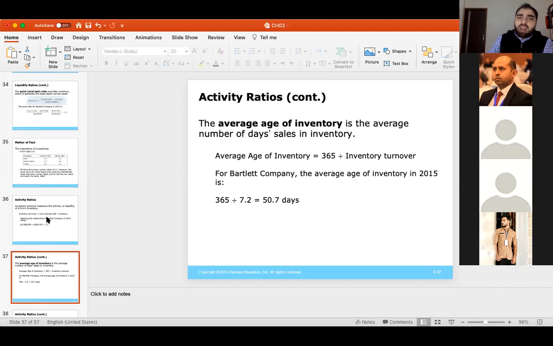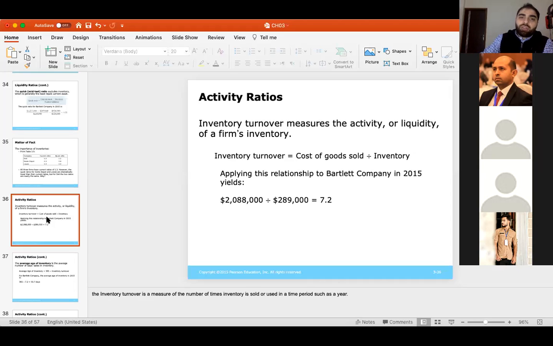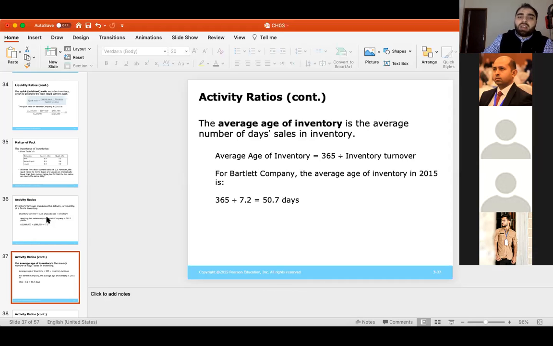Now the average age of inventory is very easy. From the inventory turnover, we obtain 7.8. We divide 365 days, which is the days of one year, over the inventory turnover, and the result is 50.